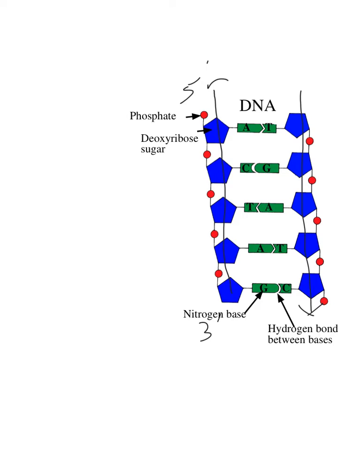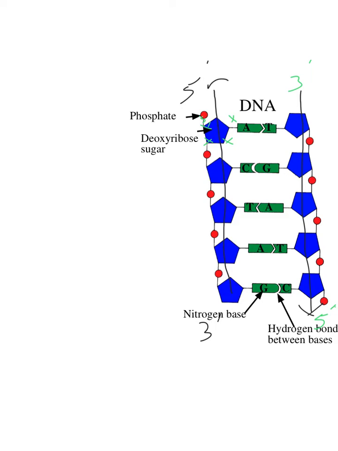The first carbon is over here, second carbon, third carbon, so the third carbon is facing downhill here. Fourth carbon, and the fifth carbon is attached to this phosphate over here facing uphill. Over here you have the opposite sequence, so the 5' end is facing downhill, and the 3' end is facing upwards. Now, again, directionality is going to be important because DNA can only copy itself in one direction.